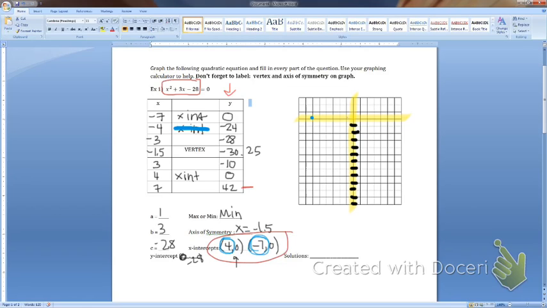Sorry about that. All right. Another point that we have, negative 4, negative 24. So negative 4, 1, 2, 3, 4. And then negative 24. It's going to be right here.